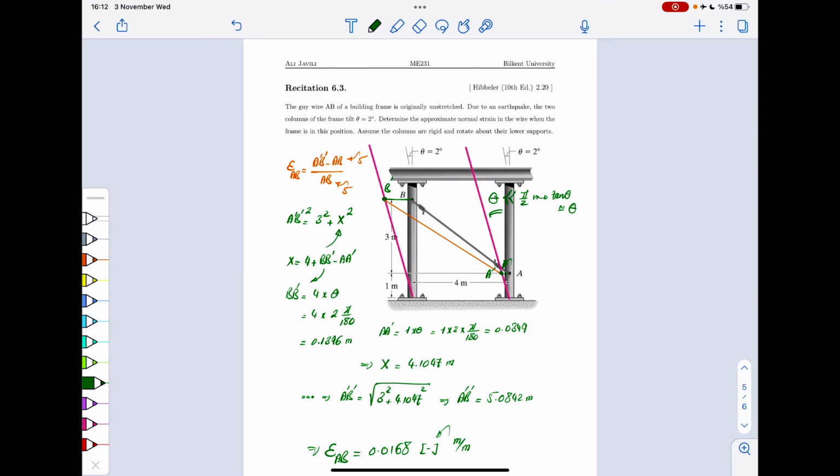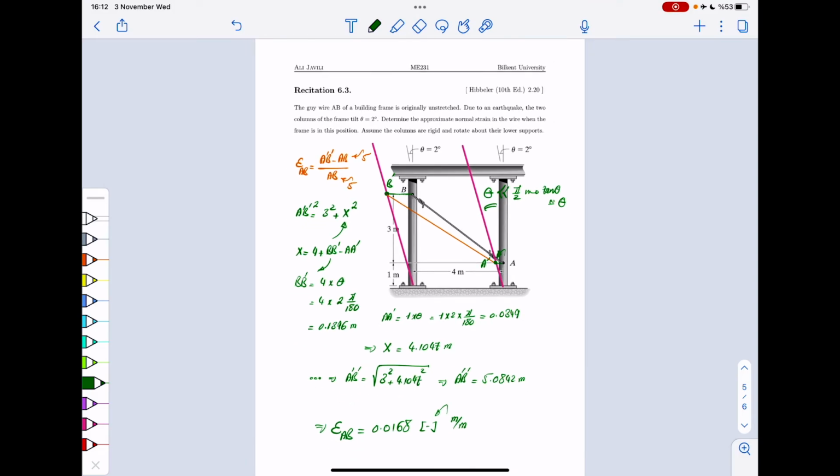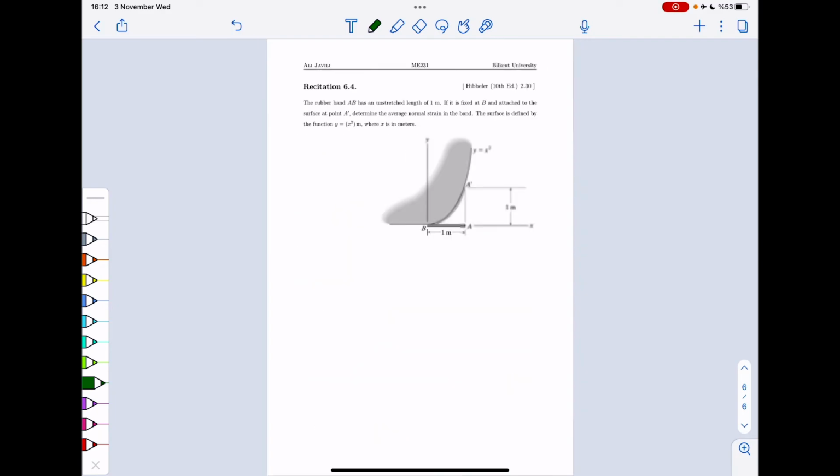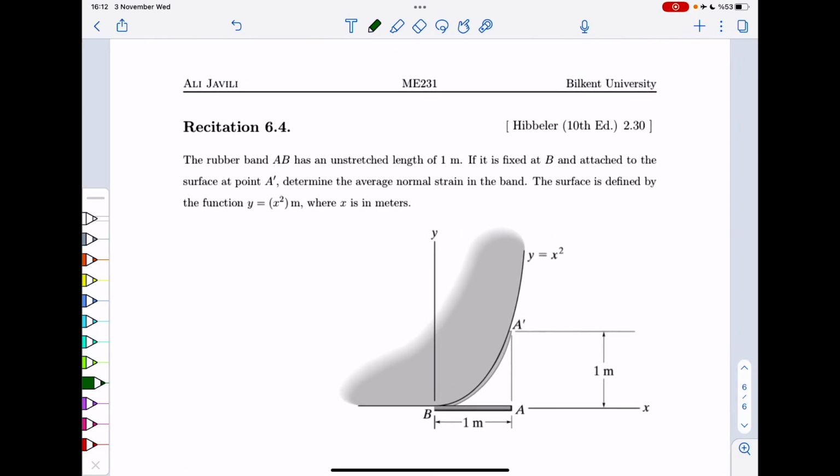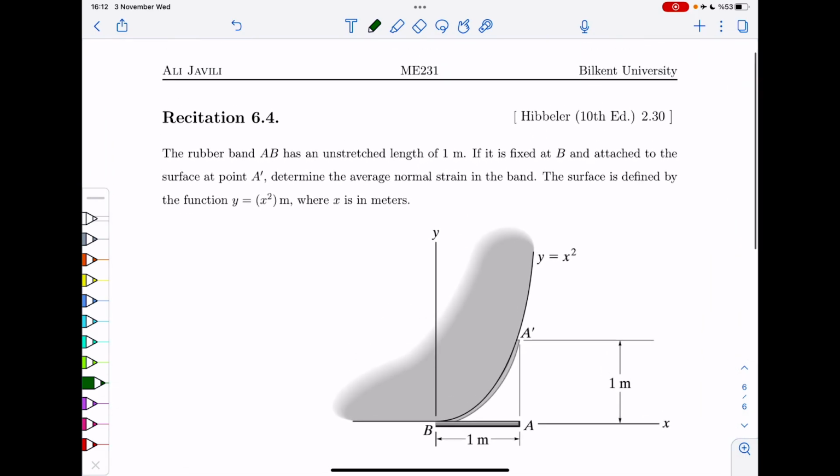All right. That's the third exercise. The fourth and the last exercise is this. You have a rubber band here between B and A that is 1 meter at the beginning. And then let's say you have some shape here with the surface being, let's say, a quadratic polynomial.